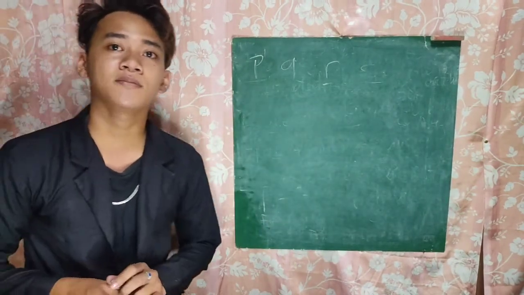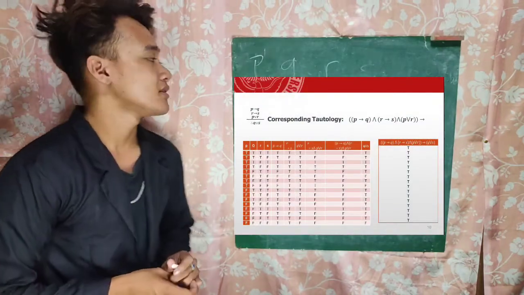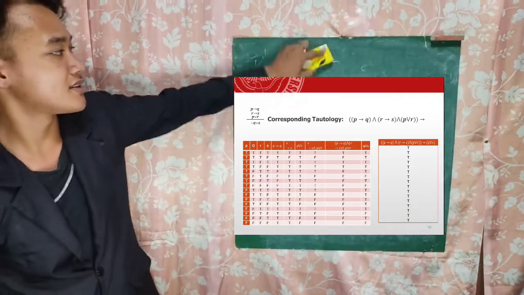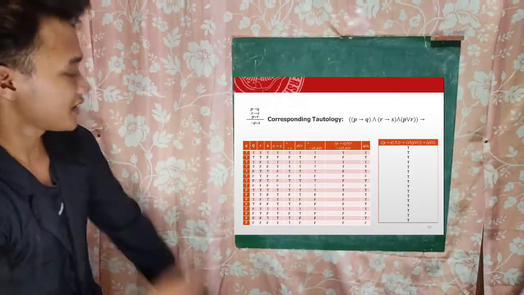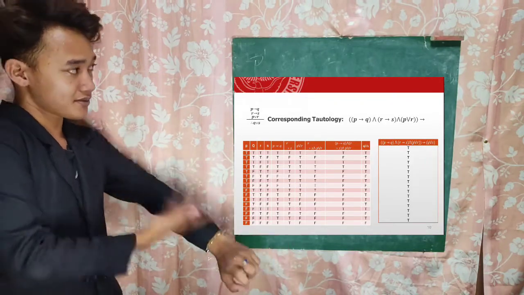Now, constructive dilemma. Now we are engaging the four arguments or variables.